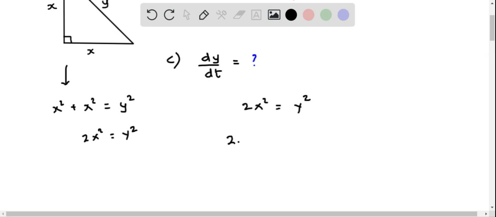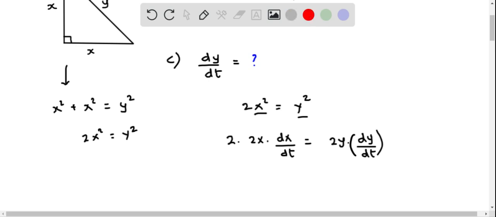On the left side we get 2 times the derivative of x squared, which is 2x, and applying the chain rule, dx over dt, the derivative of x. And here we apply the power rule to differentiate y squared with respect to time, which is 2y, and then applying the chain rule, we write dy by dt. Let's simplify this.